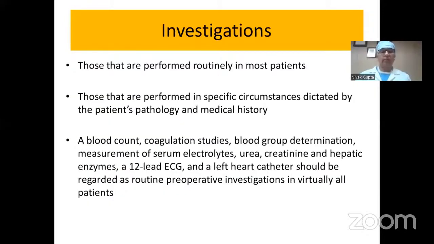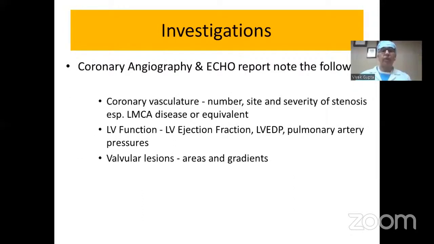There are certain investigations which must be performed routinely for all patients, and certain investigations which are specific for patients who have underlying pathology or certain history. So a blood count, coagulation studies, blood group determination, electrolytes, renal functions, hepatic functions, 12-lead ECG, and the angiography report are a routine preoperative investigation for almost all patients.